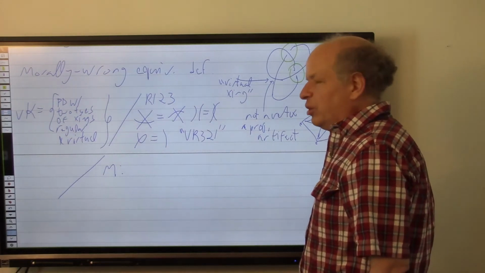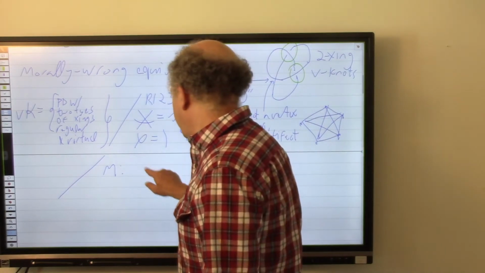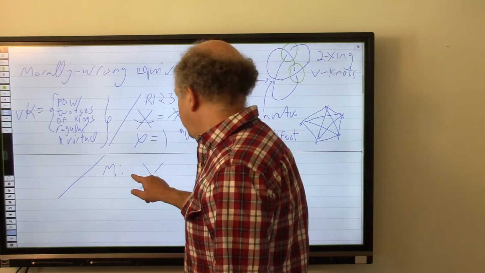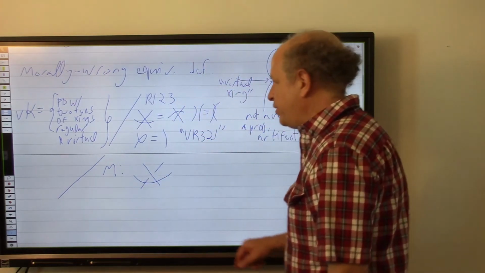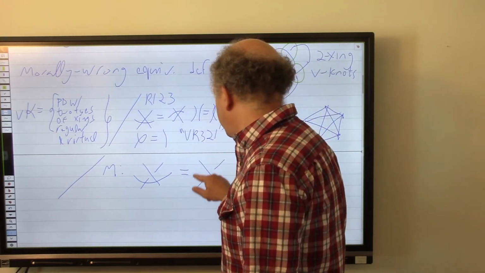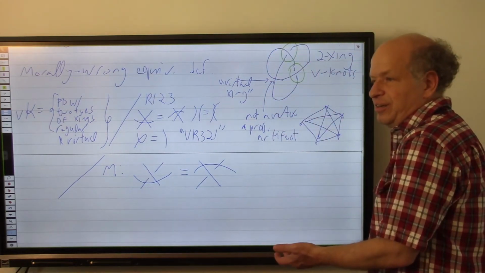The so-called mixed relation says if you have an ordinary crossing and a pair of virtual crossings coming underneath it, you can replace it by that same ordinary crossing and the two virtual crossings coming the other side.